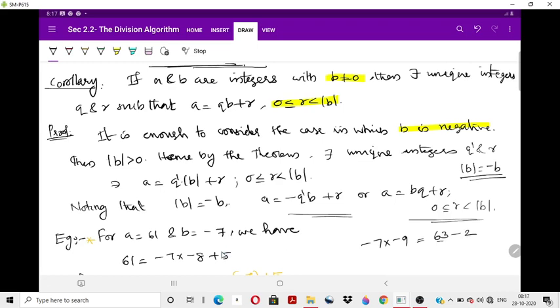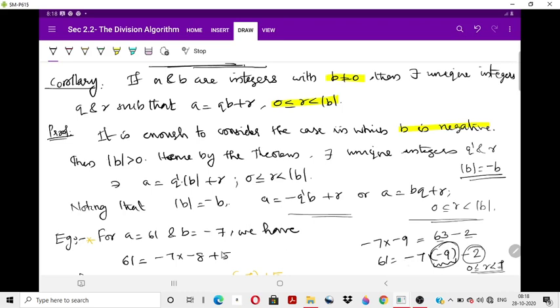So if we write 61 as minus 7 into minus 9 minus 2, we can consider q as minus 9 and r as minus 2. But this is not possible, because by the division algorithm we have 0 less than or equal to r less than 7. So r must be positive. So this will not be the case.